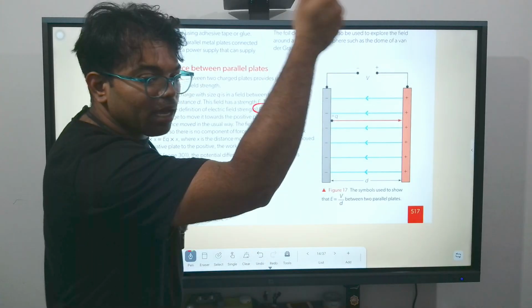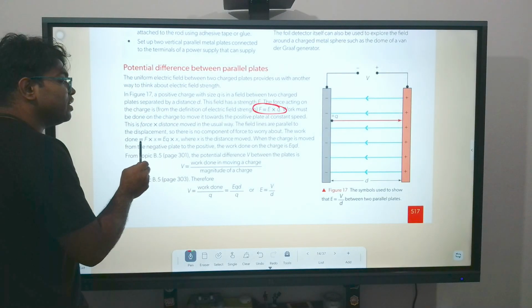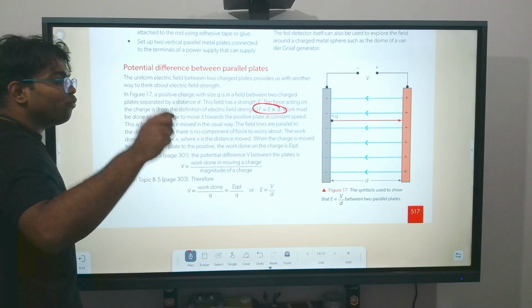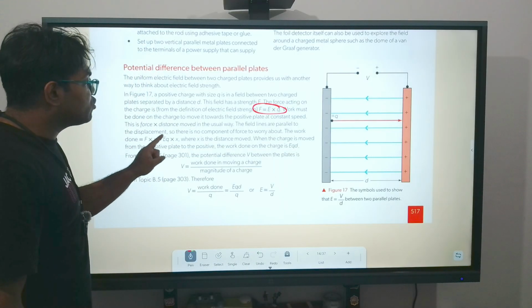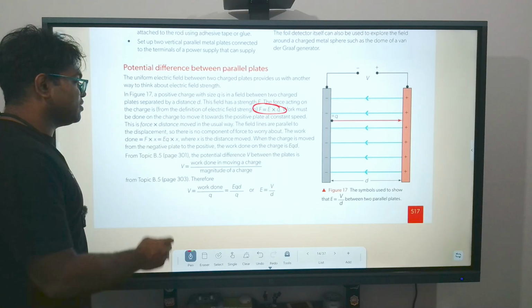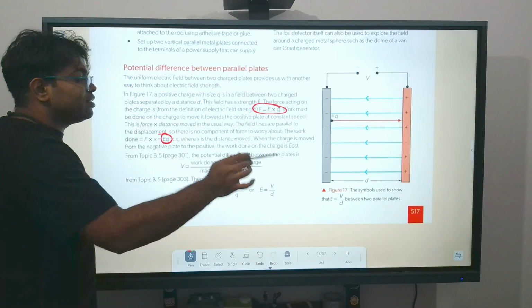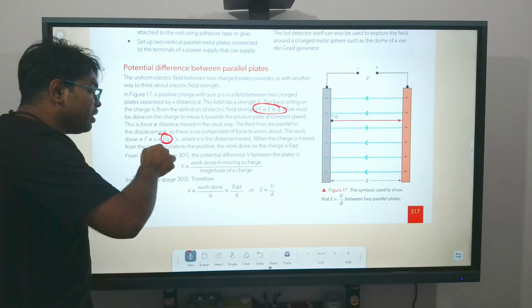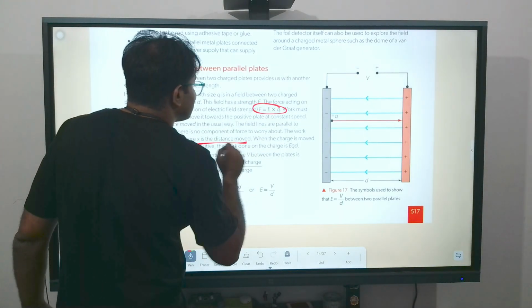I have to apply work. So the work done is equal to the force acting on the charge times distance, that is, the electric field times charge times distance, where x is the distance moved.